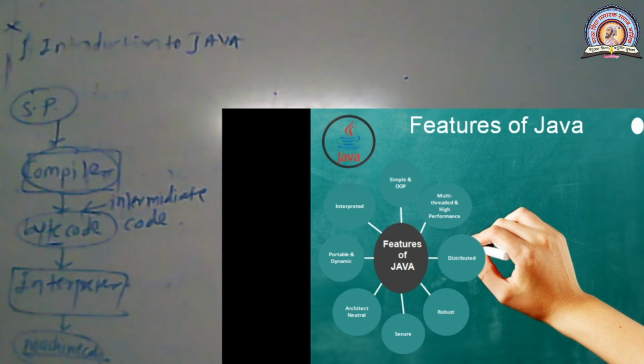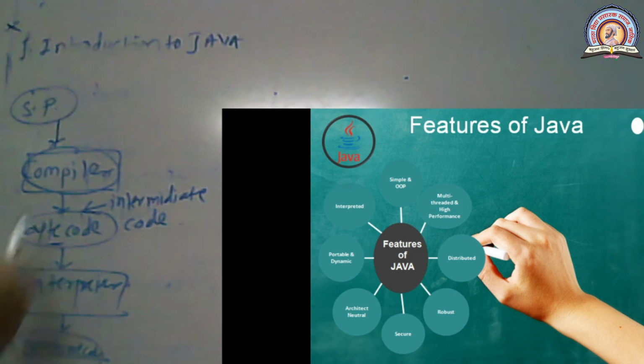Compiler and interpreter both are system programs and they are used to convert. The compiler converts the source program into machine code and then that machine code is executed. And the interpreter takes one instruction at a time, interprets it, meaning it finds out its meaning, and immediately executes it.